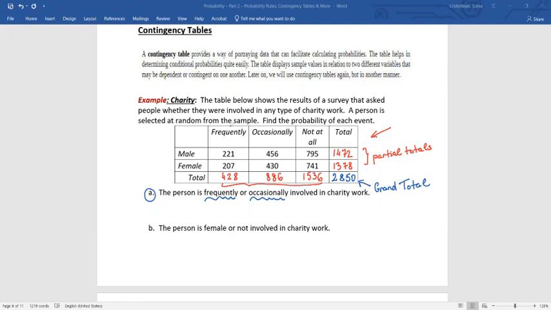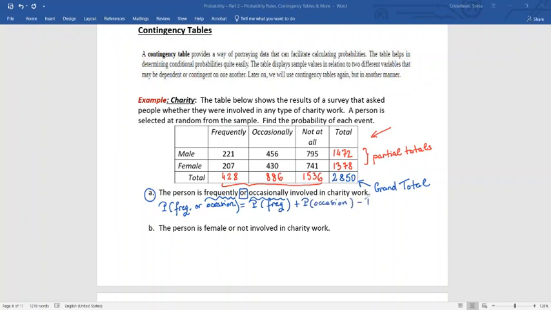So we have to look at frequently, occasionally, and keep in mind we have "or" right here. So I will be thinking of the addition rule and whether these two events are or are not mutually exclusive. So let's write down the formula. Probability of frequently, or occasionally, is probability of frequently plus probability of occasionally.